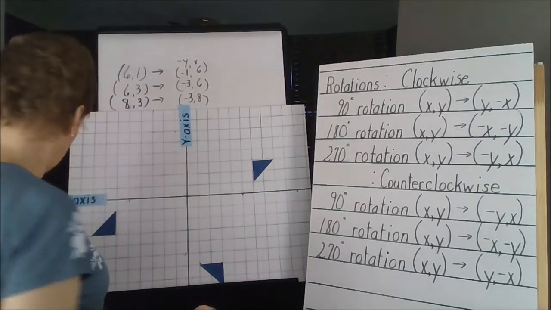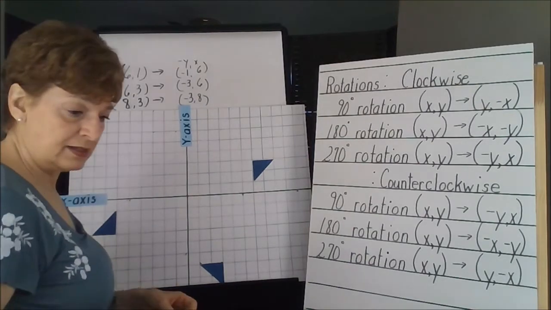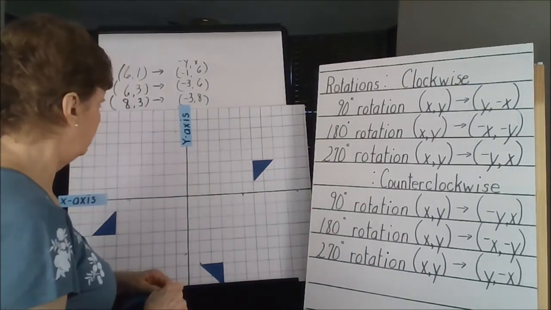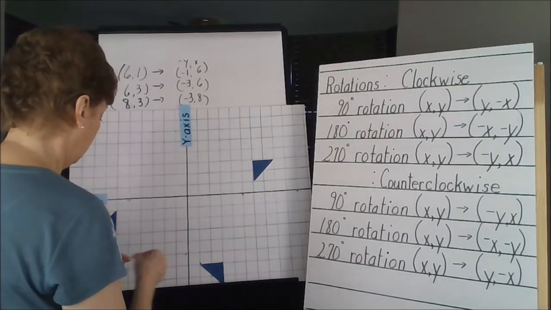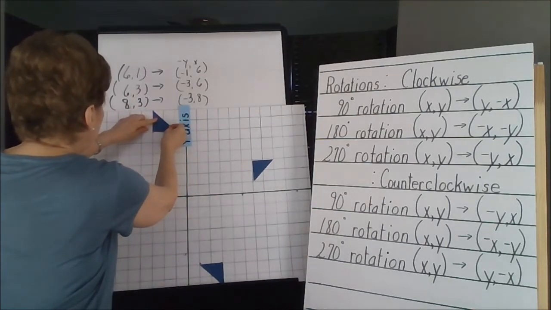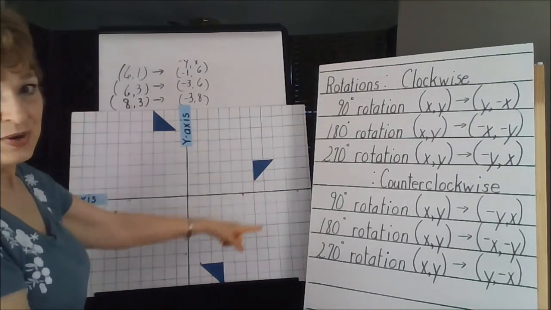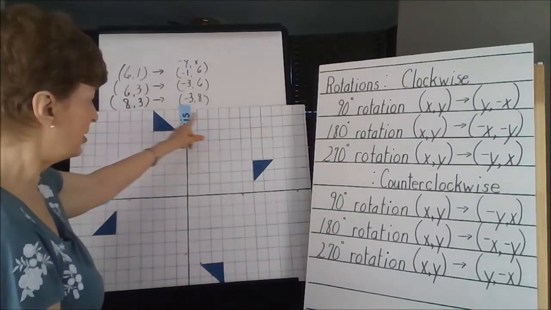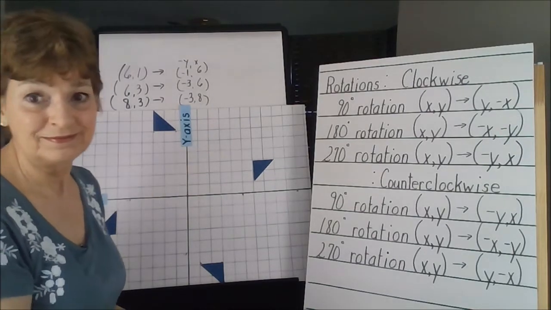And our triangle, let's put this on so you can see it. We go like this. And that shows a clockwise rotation for this shape.